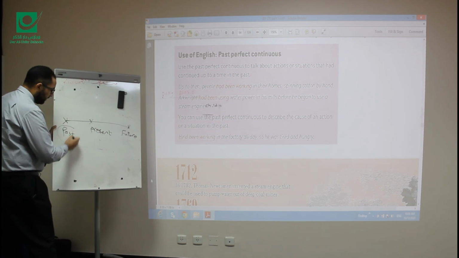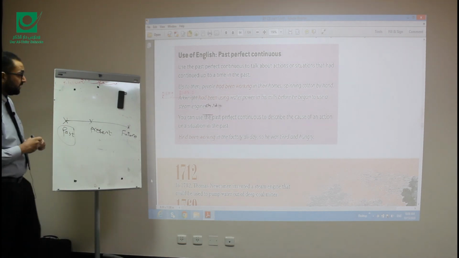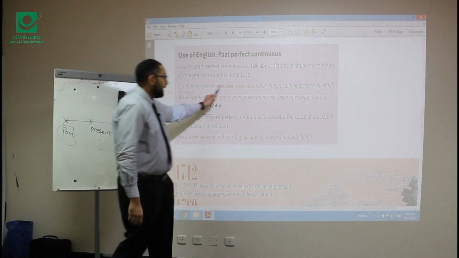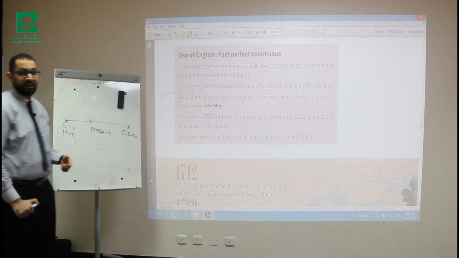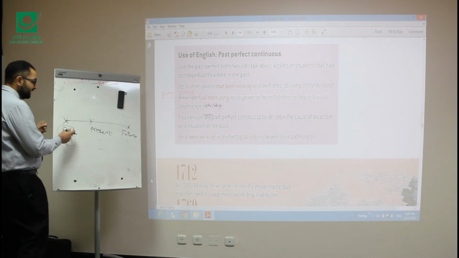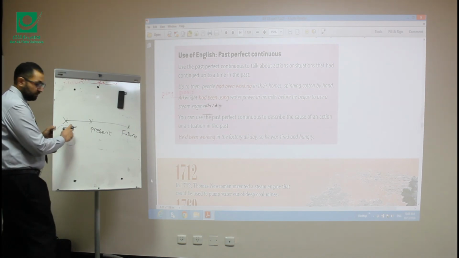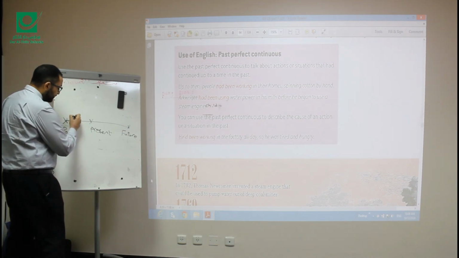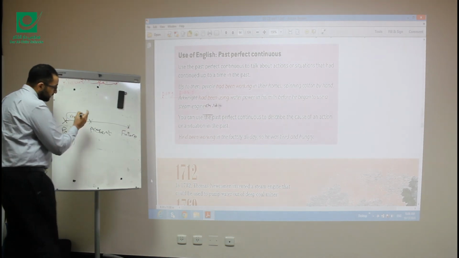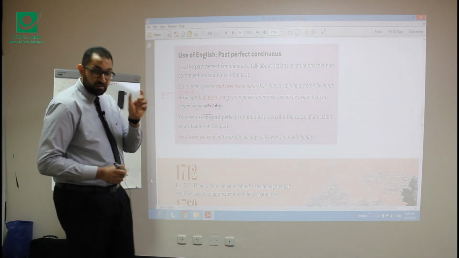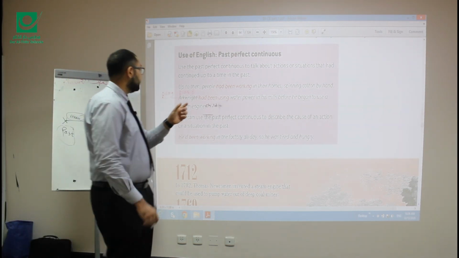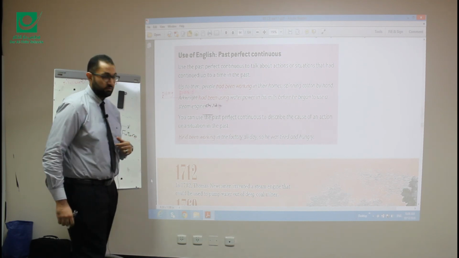So if I'm talking about past, and I take an example here, people had been working in their homes, spinning cotton by hand. So this means that is an action in the past that was taking place at that time in the past. So when you need to talk about an action that was taking place at a certain moment of the past or a certain time, you would use the past perfect continuous.